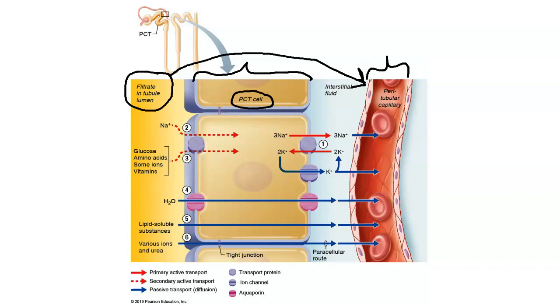But I just want to show you that the red arrows are indicating active transport. The blue indicate passive transport. I just want to take a look at that for a second. Do you notice that with the red arrows, sodium, glucose, amino acids, some things are going to be reabsorbed using active transport, while other things like water, some ions, lipid-soluble substances, some other substances will be reabsorbed passively.